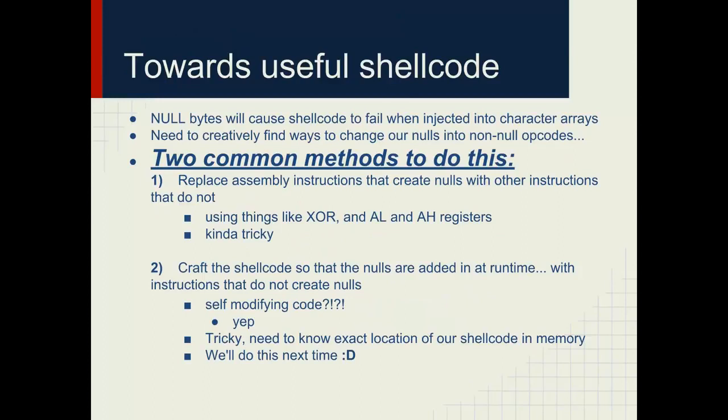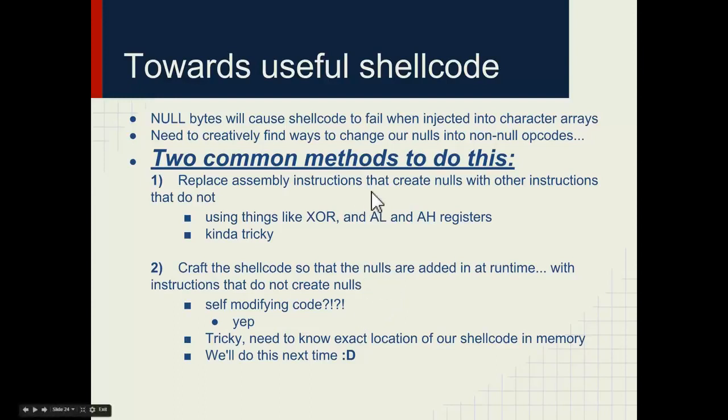So there are two common methods to get around this. You can replace the assembly instructions with other instructions that create the nulls accordingly, but those have to all run prior to it, and that's going to be self-modifying code. Or you craft the shellcode so that there are no nulls at all.